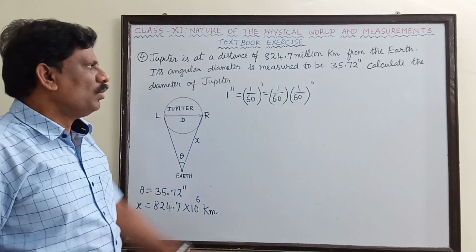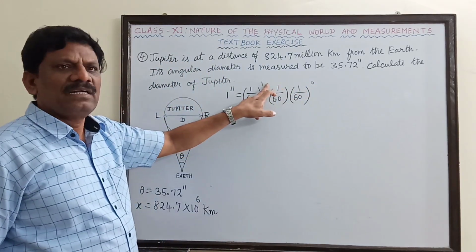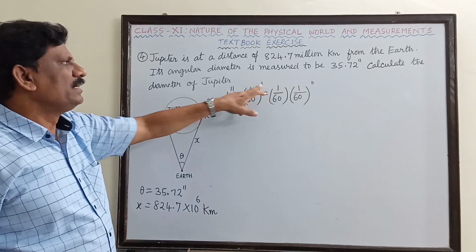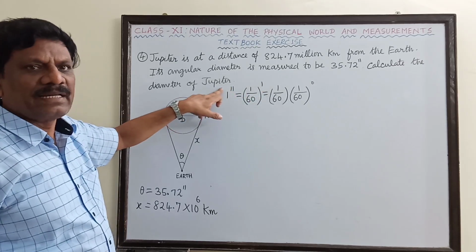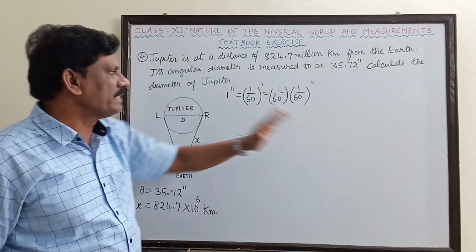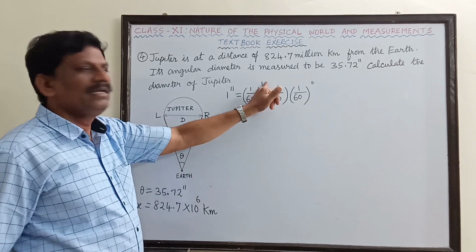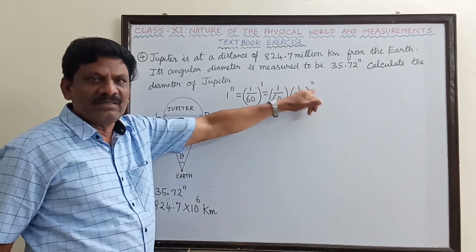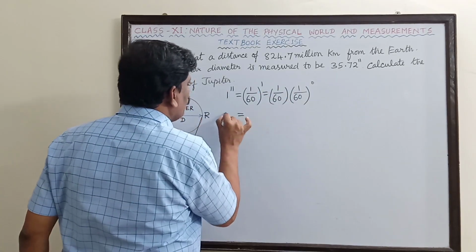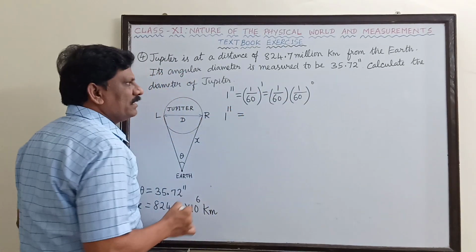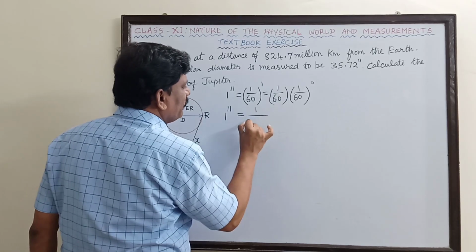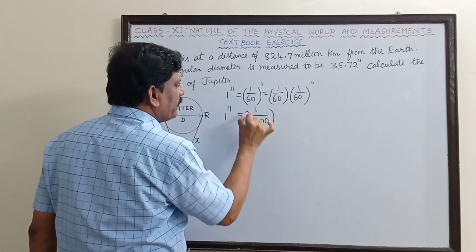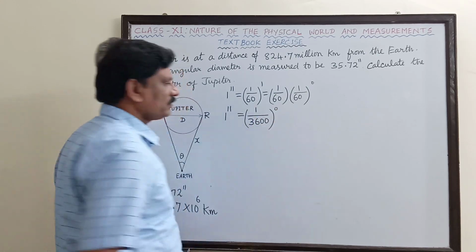Is it not? 1 degree is equal to 60 minutes, and 1 minute is equal to 60 seconds. Is it not? The reverse we are doing. 1 second is equal to 1/60th of a minute. So that is 1/60 into 1/60 degree. So 1 second is equal to 1 divided by 60 into 60, that is 3600. Okay, this is in degree.